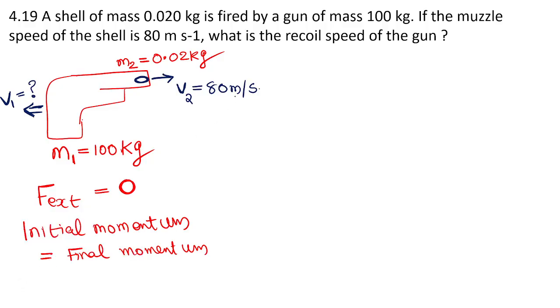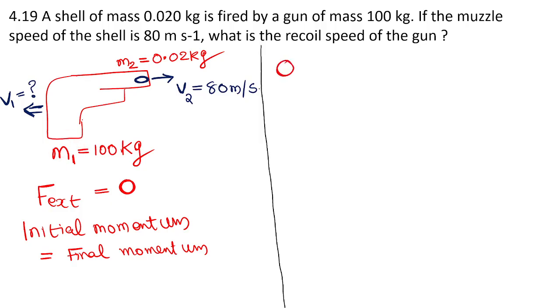Yes, sir. So the initial momentum will be the momentum of the gun plus the momentum of the bullet. Before firing the bullet, is anything moving? Nothing is moving. The gun is stationary, the bullet is stationary. Momentum is mass into velocity.